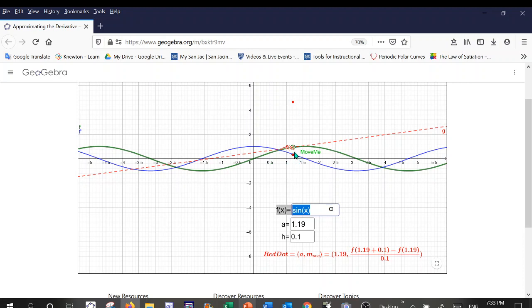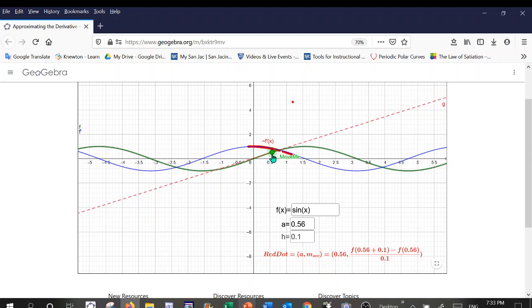I'm going to change the different values here, and at every value we are going to have a slope of the secant. So the calculator is going to calculate the secant line from here to a point really close to it, about 0.1 unit to the right of it.